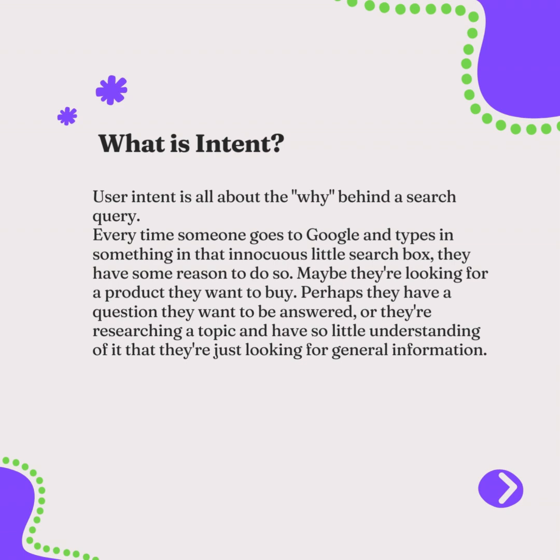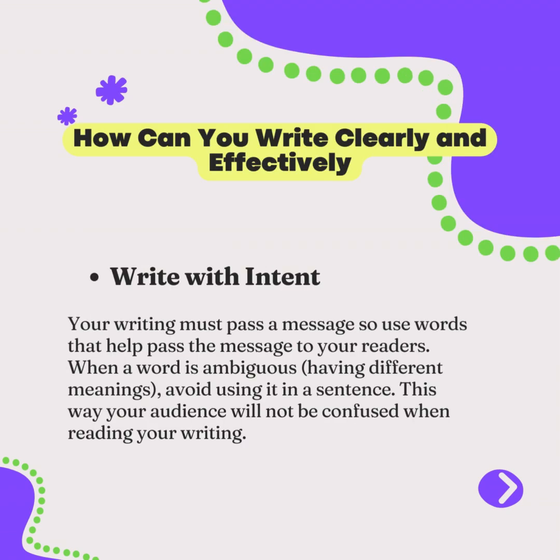So now writing with intent means that you are writing something that your readers can understand, that passes a message to your readers. That means that when you use a word, you shouldn't use a word that has two different meanings. I gave an example in class about that, but you can still go through your handbook or make further research on what ambiguous means and what type of words could be ambiguous.